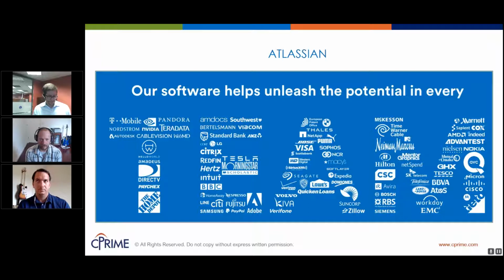Jira obviously is the big one. Coding, building, and shipping. Bitbucket and Bamboo play there, and collaboration. HipChat, Confluence, and the recent acquisition of Trello. So they have a full suite of solutions that cover everything from project management to software deployment.